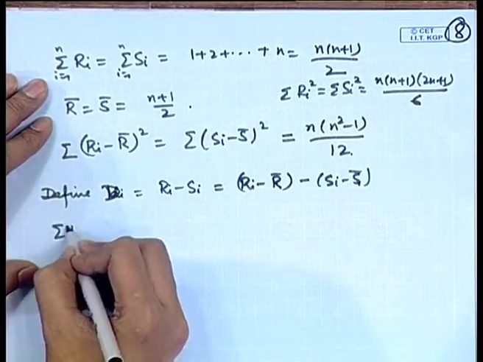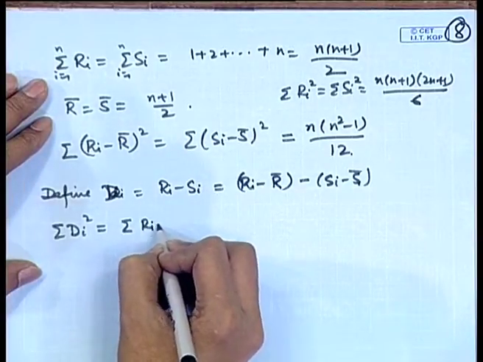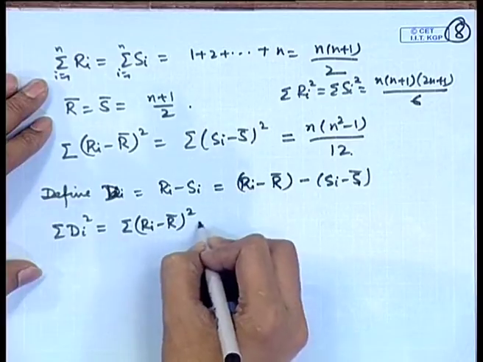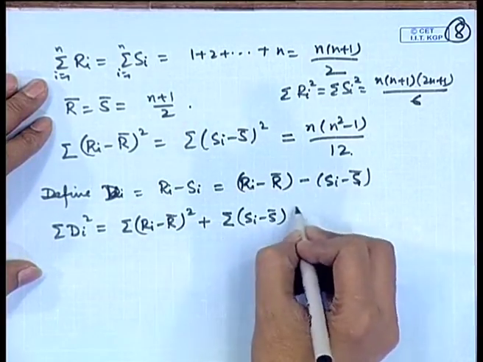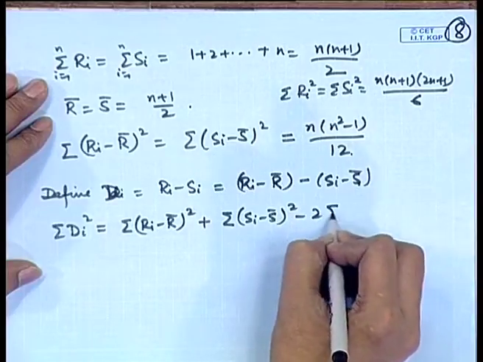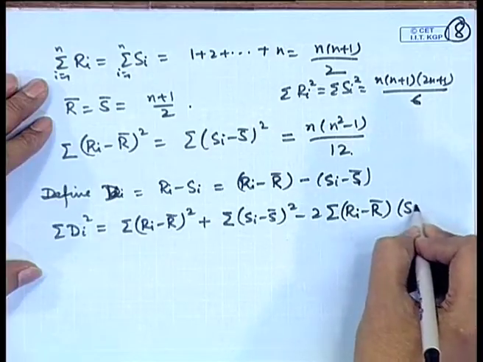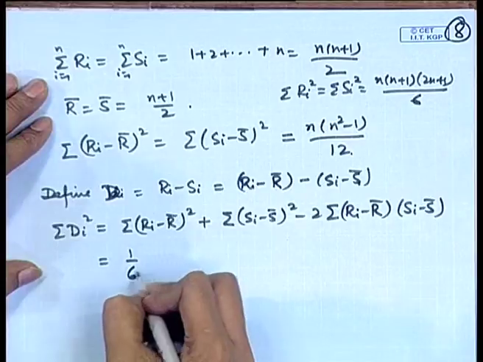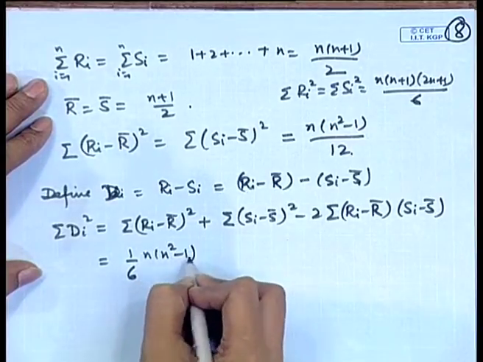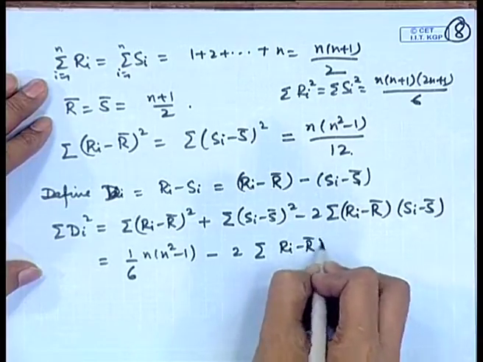So, if I look at sigma of Di square, this turns out to be sigma (Ri minus R bar) square plus sigma (Si minus S bar) whole square minus twice sigma (Ri minus R bar) into (Si minus S bar). So, this turns out to be 1 by 6 n into (n square minus 1) minus twice sigma (Ri minus R bar)(Si minus S bar).